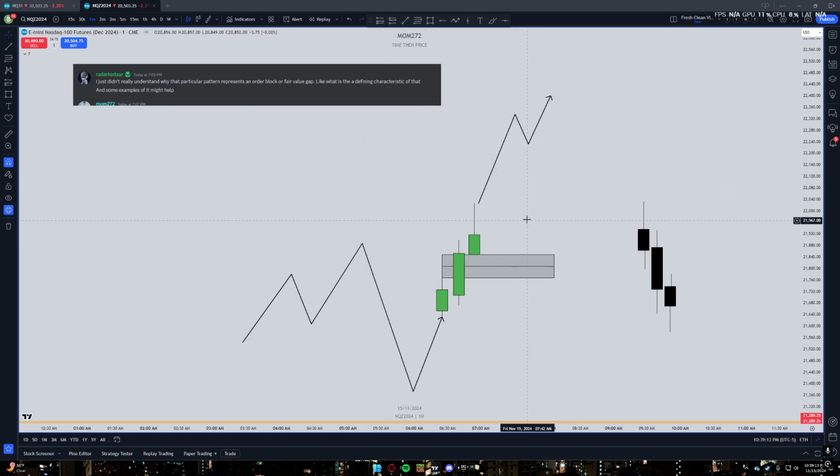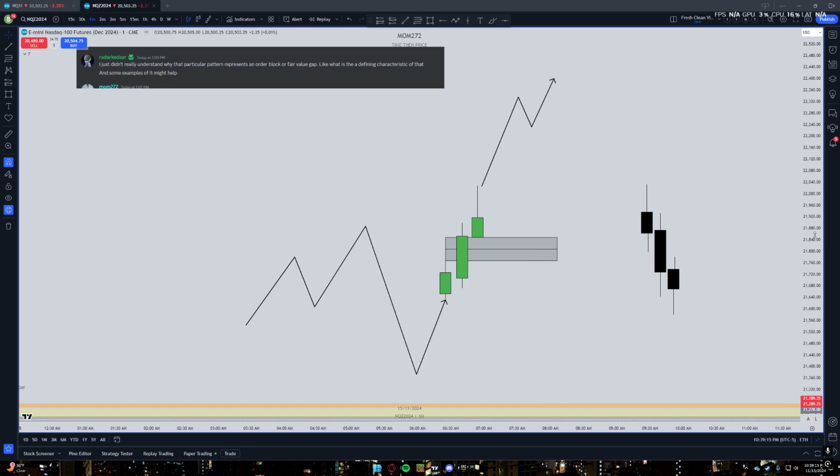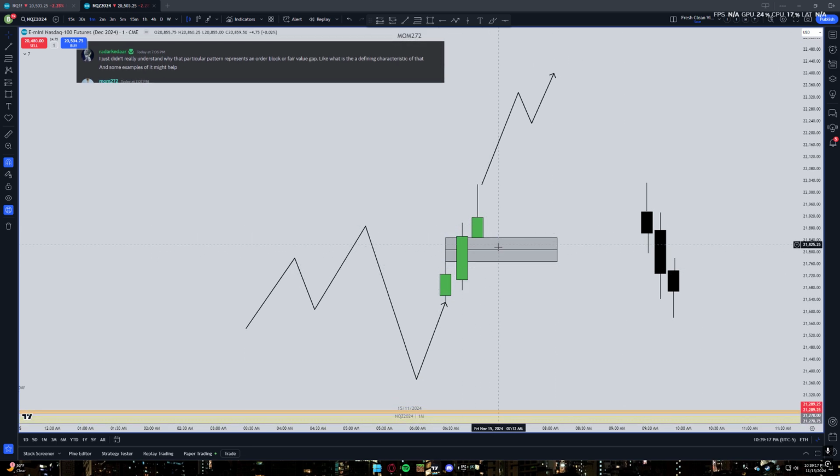Some examples. Defining characteristic is literally just this. It is a gap in between this candle high, this candle low, or this candle low, this candle high. Even if this was like right here, there's still a 2 point fair value gap there.